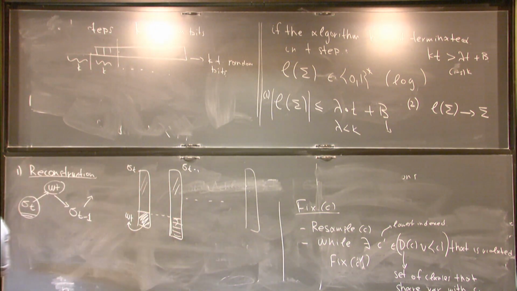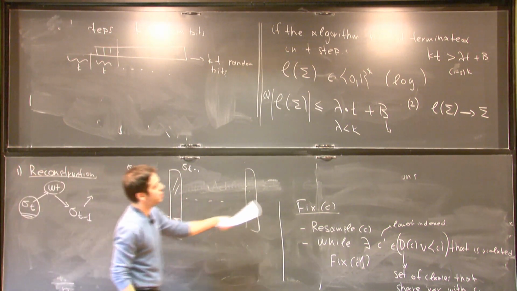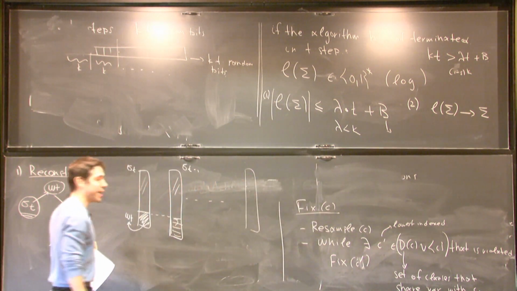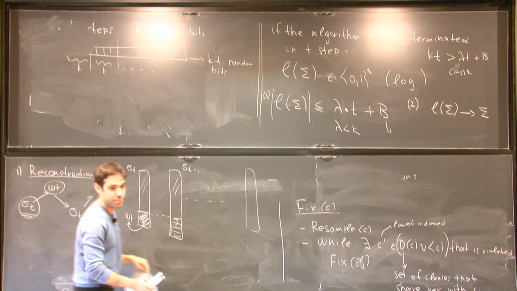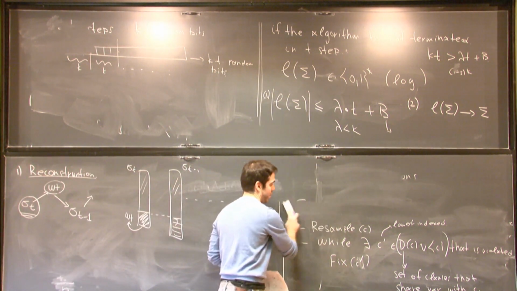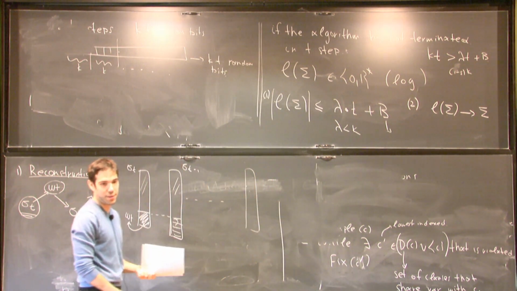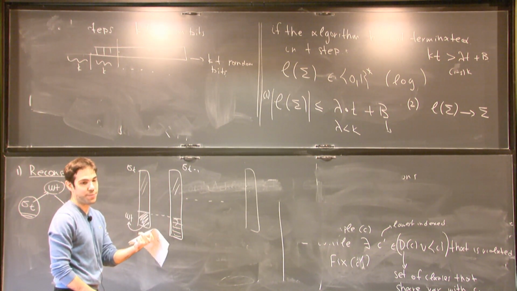So this was the reconstruction part. And now let's see how we can encode this efficiently. Right now it is KT, because each WI is of size K. You need to encode the clause though.